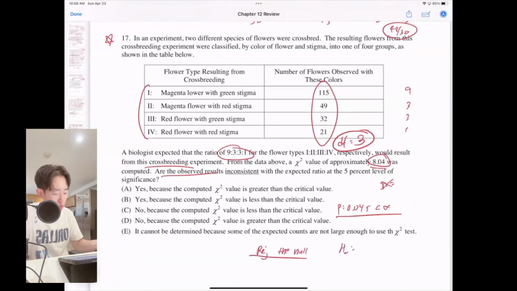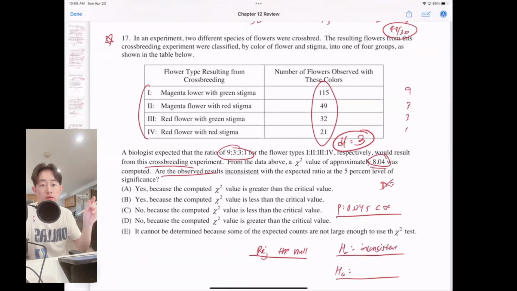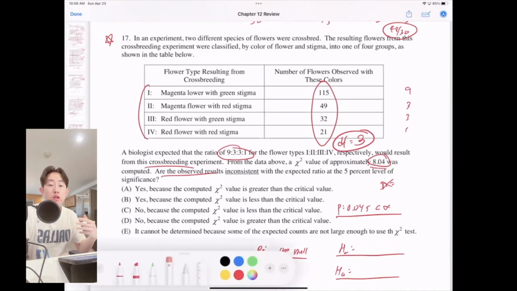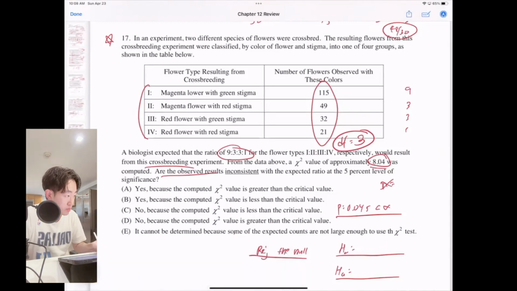For the goodness of fit, what is your null and alternative? Let me review and check back. For the goodness of fit, the null hypothesis would be that the distribution is correct, and the alternative will be that it is incorrect.